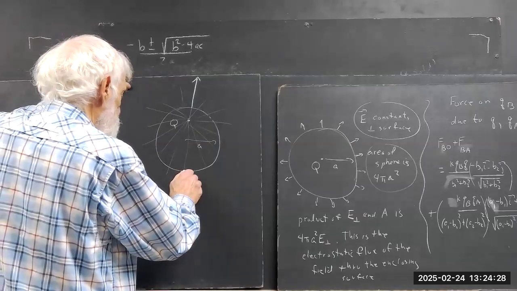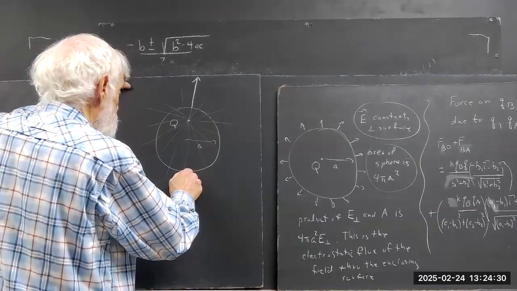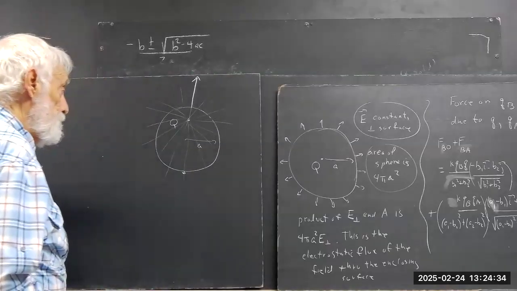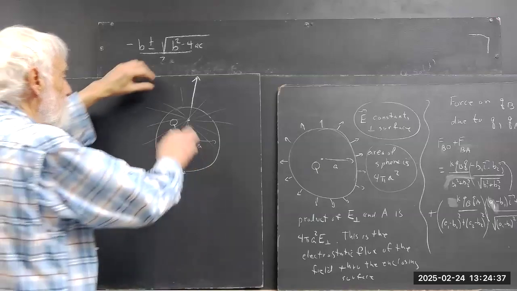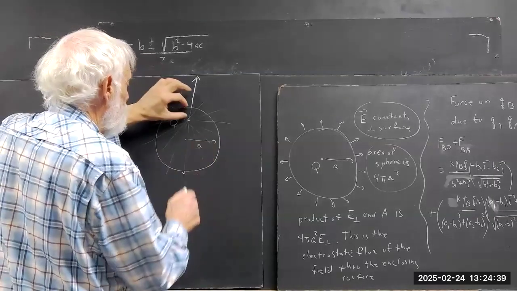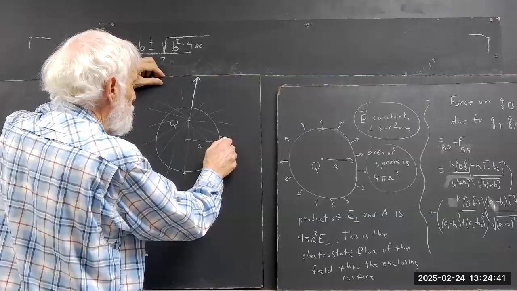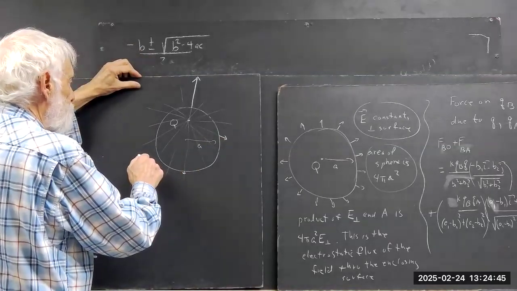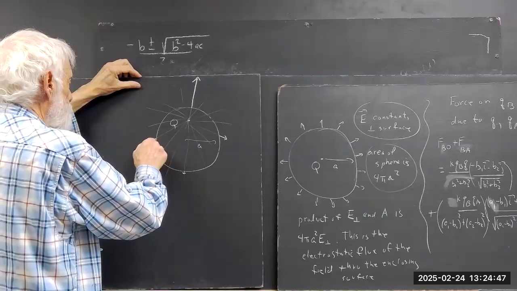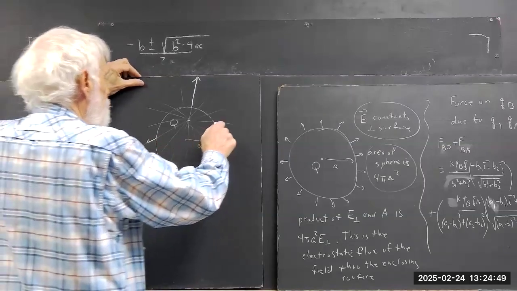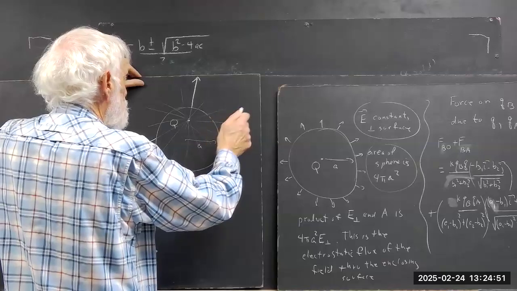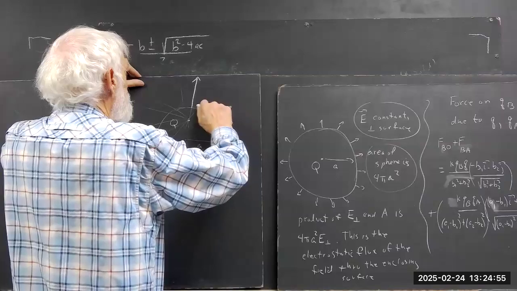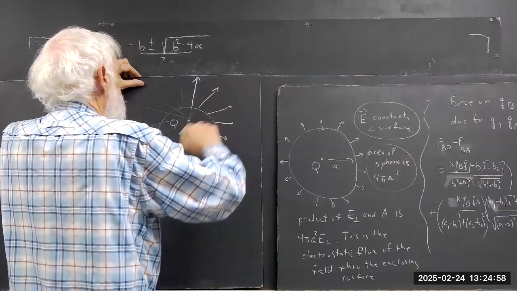So the field down here is going to be 1/16 as great. So it's going to be a tiny field. Now, over here, we're going to have a field that's maybe 1/4 as great as the one I drew there. And at this point, maybe similar. At this point, it's going to be a little bigger, and this is even bigger.